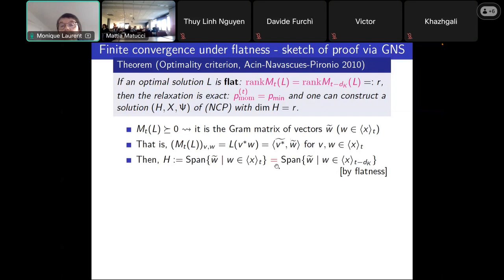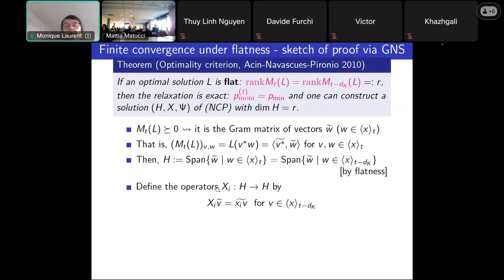This equality is exactly coming from the flatness condition. So we have this vector space, which is actually spanned by the vectors associated with lower degree words. Again, just think of d_k as 1, if you wish.